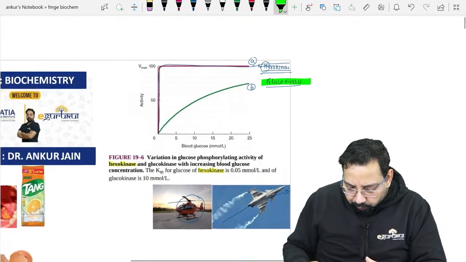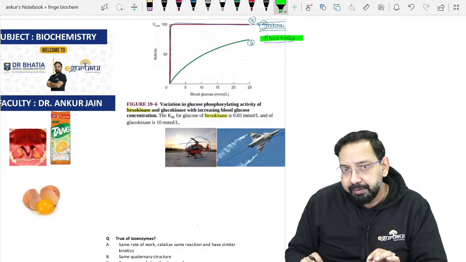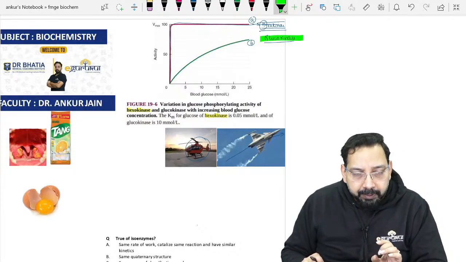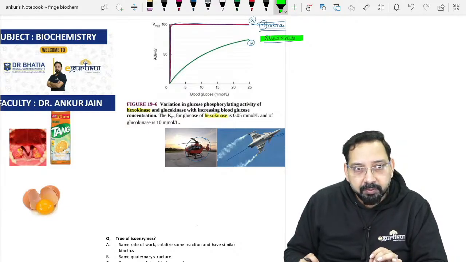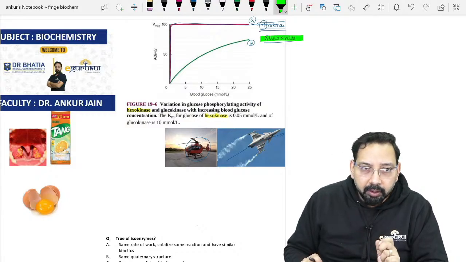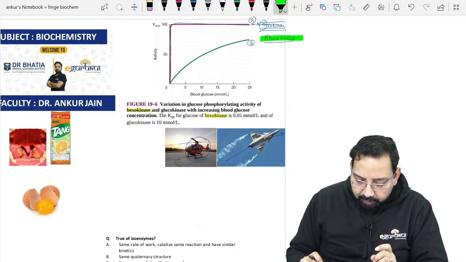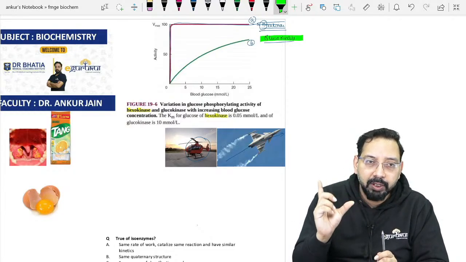Now you will find so many questions on hexokinase and glucokinase. Every time a question is asked, we remember the concept. Concepts are always beneficial, but sometimes we can make mnemonics of complicated concepts also. Just like with a helicopter, if you want to travel a short distance, you will use a helicopter.